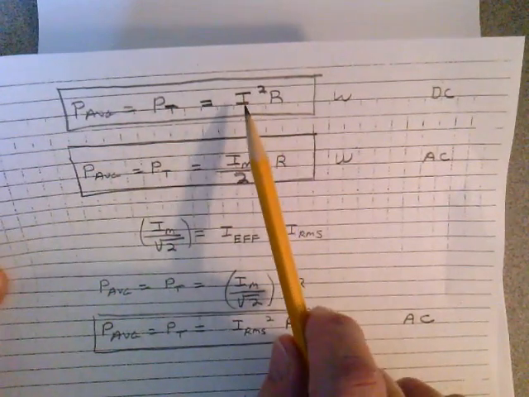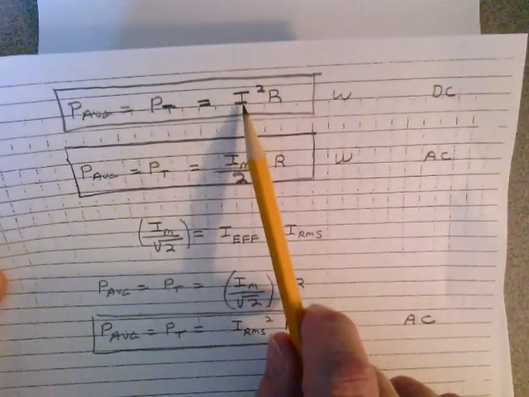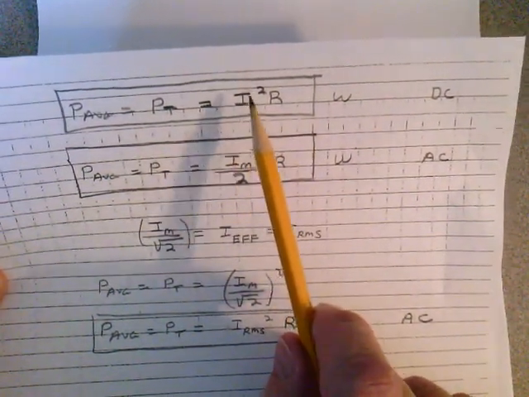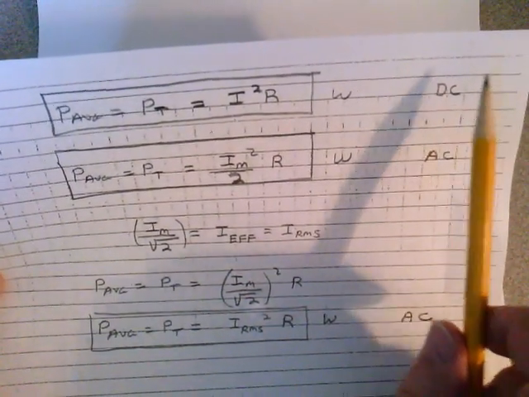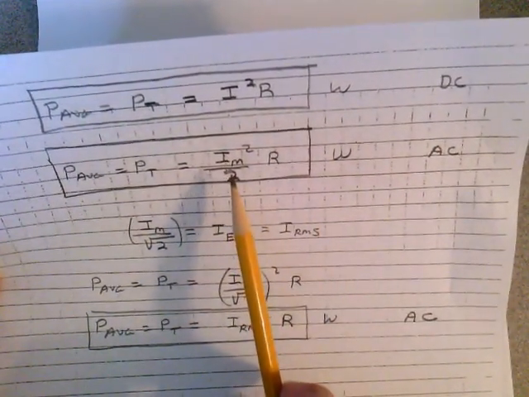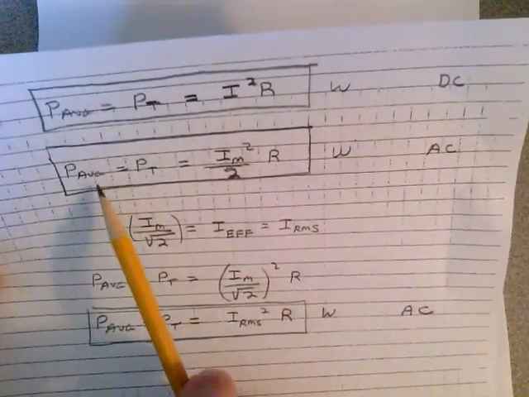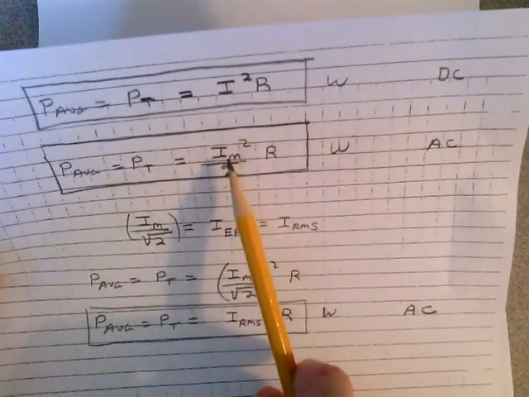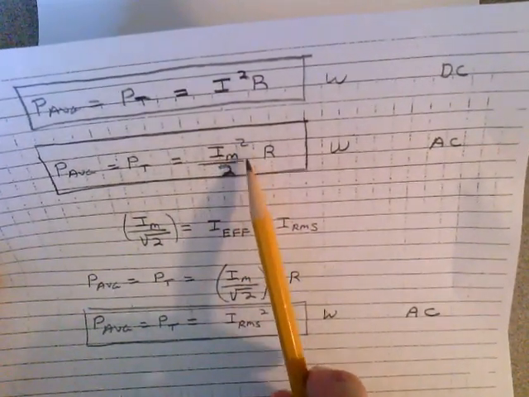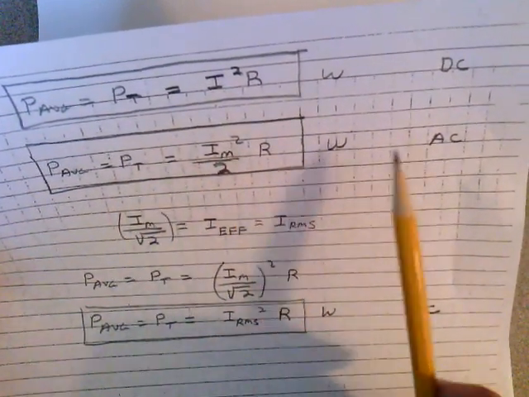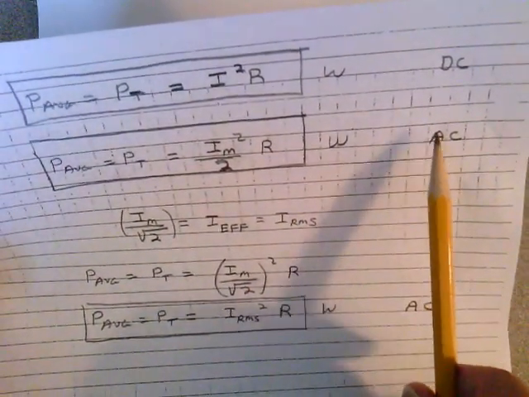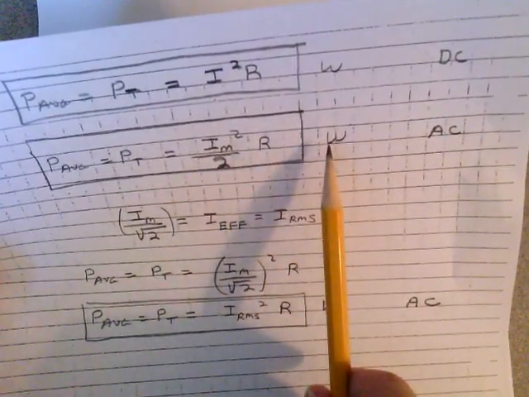Now, that was true if I was a continuous value of current. It's DC. We said that it could be shown that the average power or the true power was equal to I max squared divided by 2 times R, where I max was the peak value of the AC waveform, and this was true for power in watts.